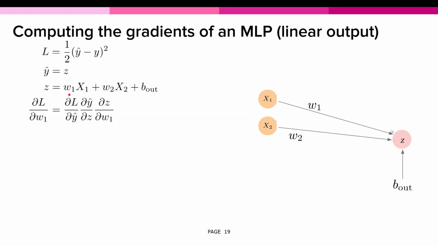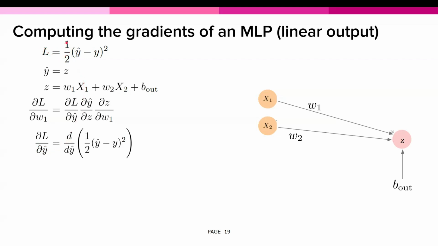So that would be the partial derivative of the loss with respect to the network prediction, then the prediction with respect to what's going on in the node z, and then z with respect to the actual parameter. If we multiply those together, we'll be able to compute the gradient of the loss with respect to W1.